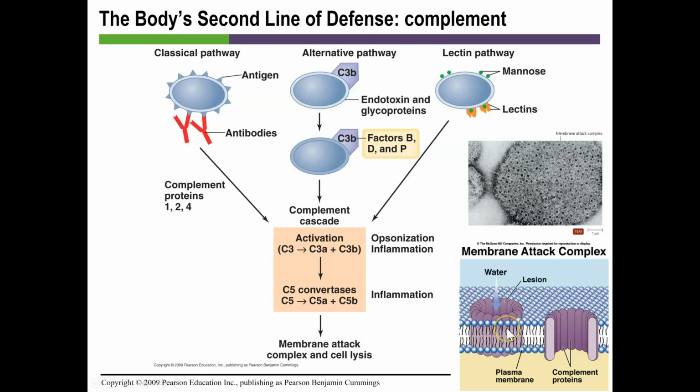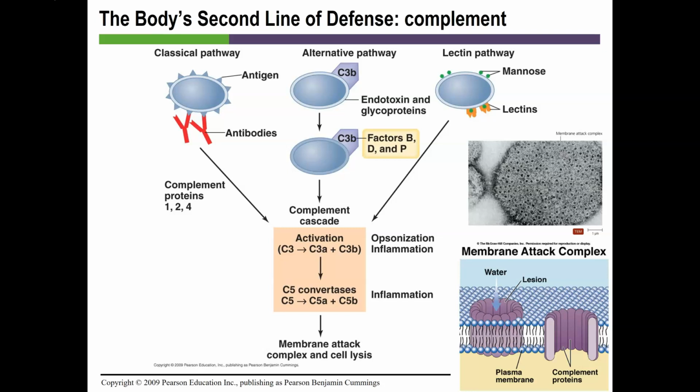It's going to be an opening that lets everything leak across the membrane. You can see a real transmission electron micrograph here of a MAC complex. So a cell that is riddled with these MAC complexes will basically leak out and it's going to die. That is the purpose of complement, is to kill the cells.